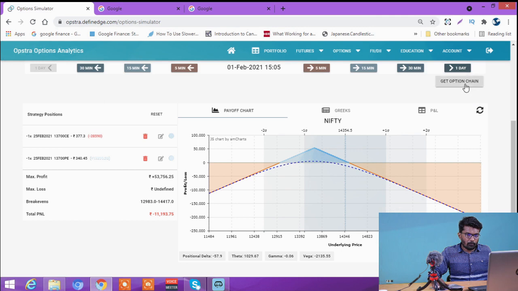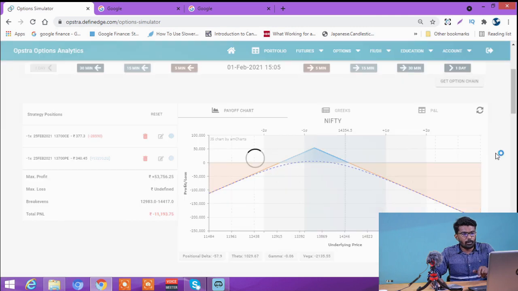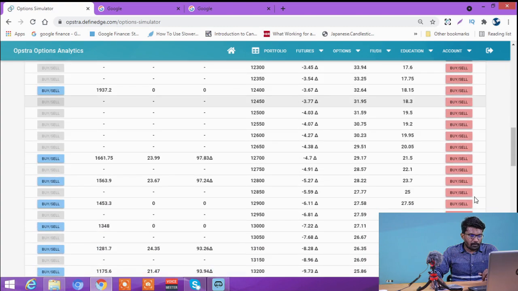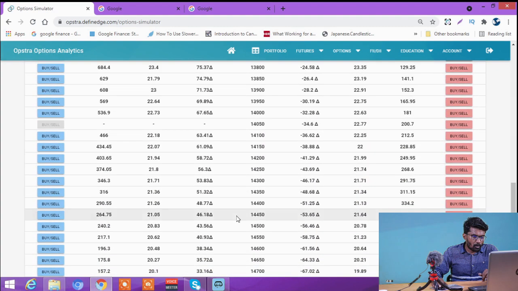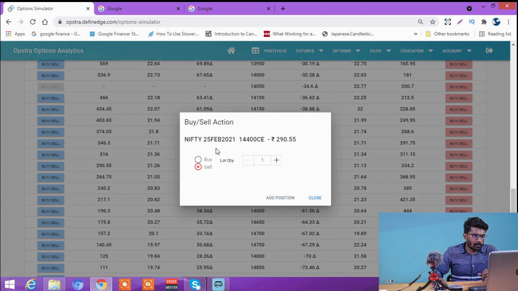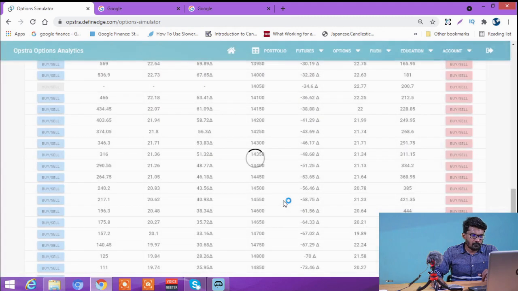Now we are going to make an adjustment in this strategy. We are already in a loss of around 11,000. The market is around 14,350. What you have to do is go and buy the 14,400 call, one lot. That's what you are going to do.